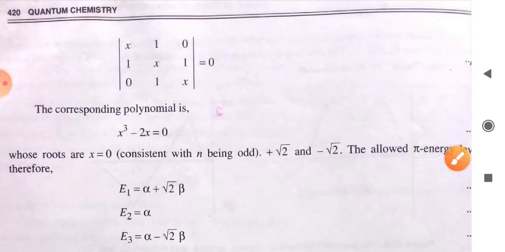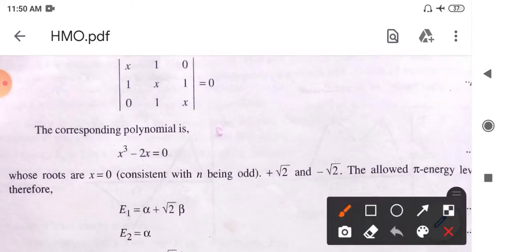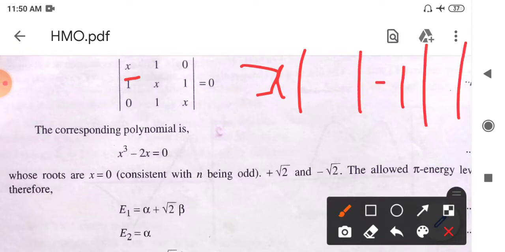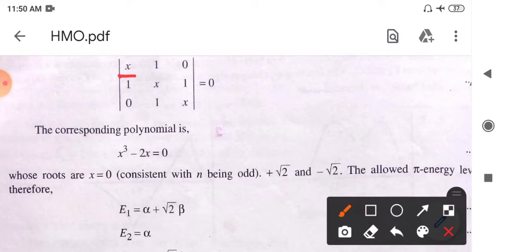The corresponding polynomial can be obtained by solving such determinants. So how will you solve this 3 by 3 determinant? We just need to write x into a 2 by 2 determinant, minus 1 into a 2 by 2 determinant, plus 0 into a 2 by 2 determinant, which equals 0. Here, x into this 2 by 2 determinant we need to solve.